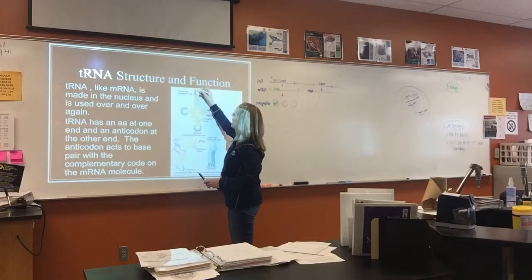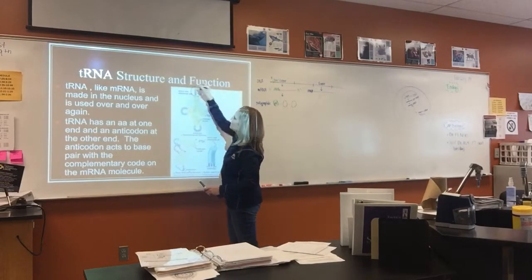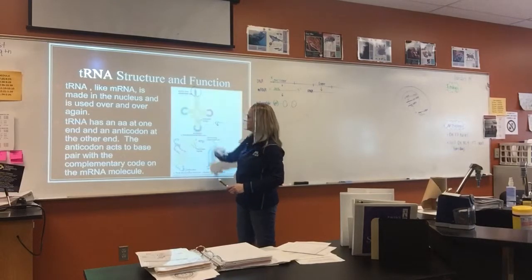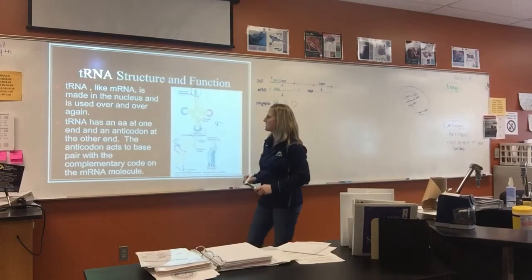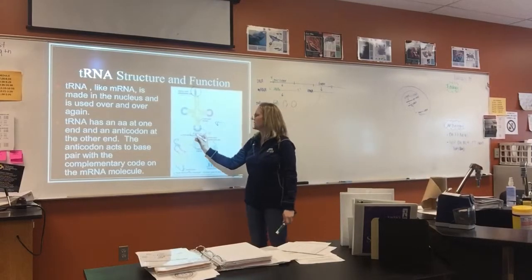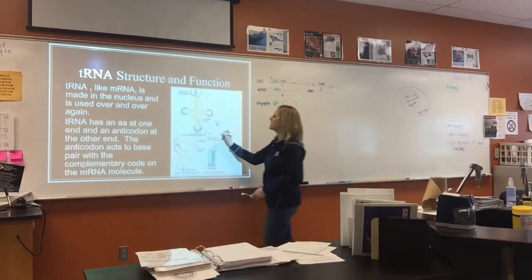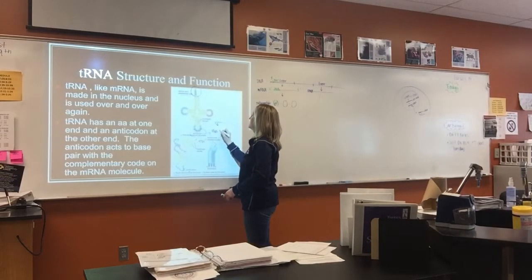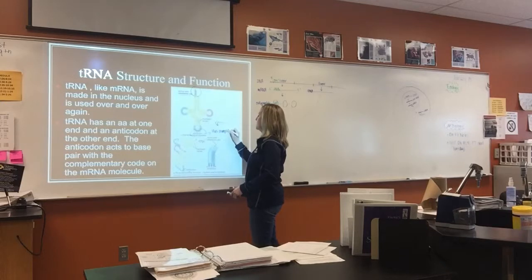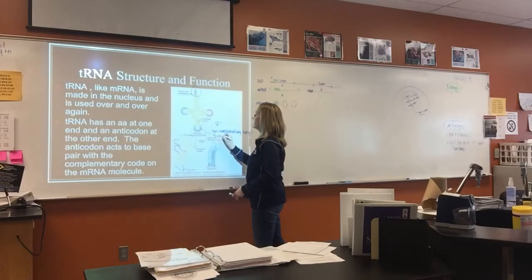So it's not a straight line. It has two parts to it: an amino acid attachment site, and an anticodon. Anticodon means it's opposite of the mRNA's codon, or has the complementary bases to the mRNA codon.